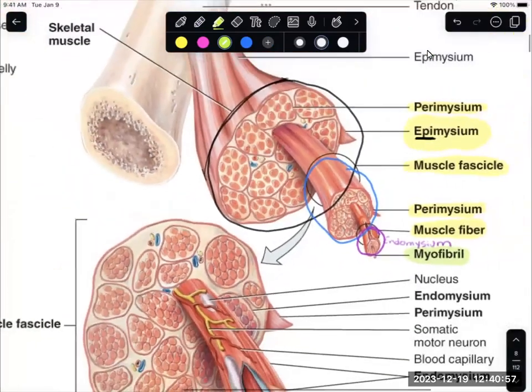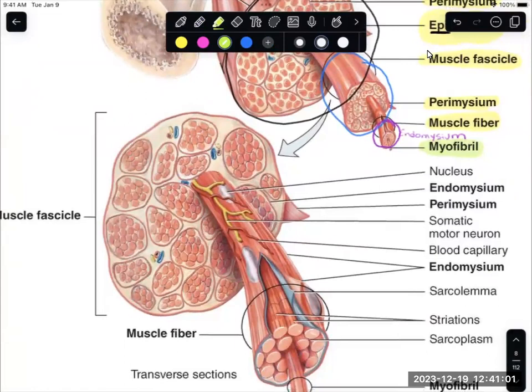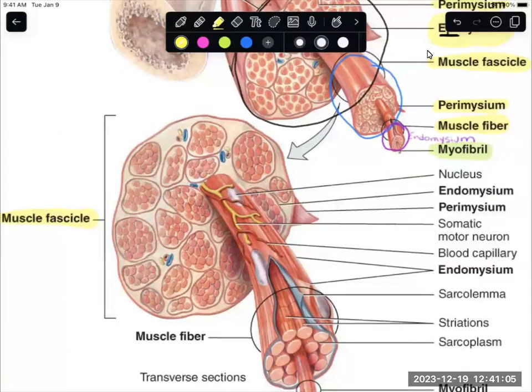So let's look, here is a muscle fascicle. So we're coming down again, that muscle fascicle. So a muscle fascicle is a group of muscle fibers. That muscle fascicle has that perimysium.